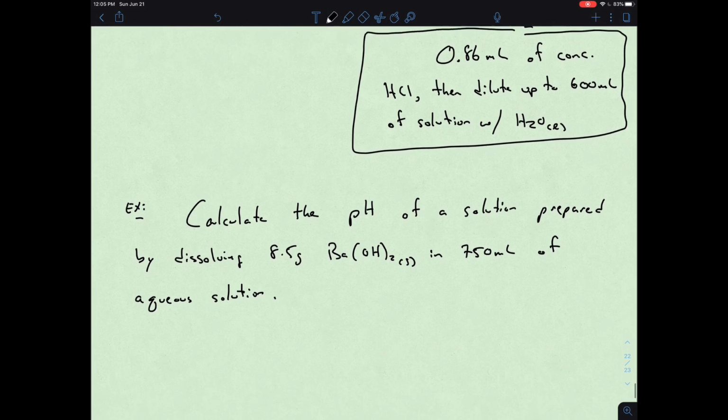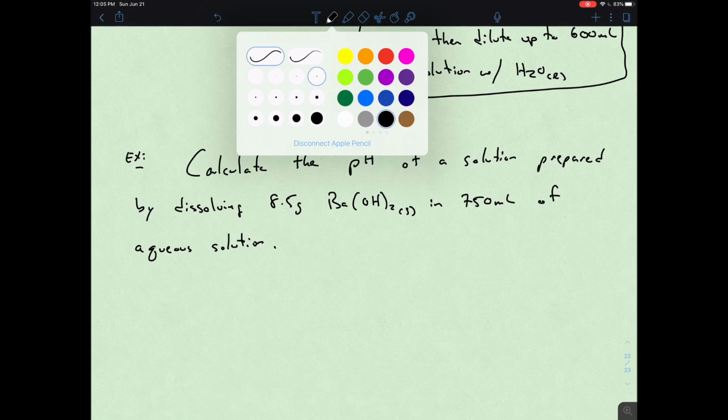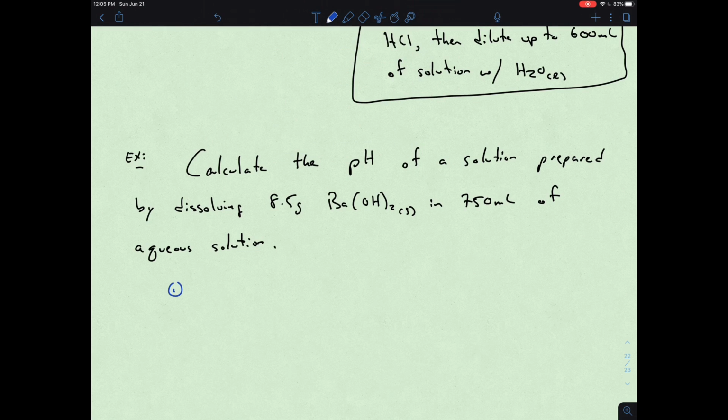And so we want to find, kind of the same methodology occurring here. Step 1, we want to identify the material. And here we have barium hydroxide.